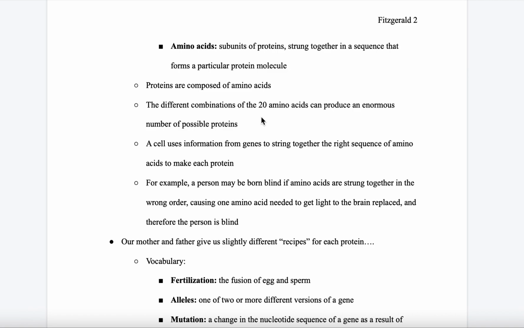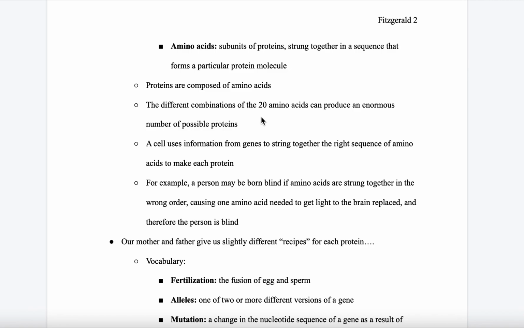However, if the amino acids are strung together incorrectly, the ability to see may not work. An example of this is a person who may be born blind if their amino acids are strung together in the wrong order.